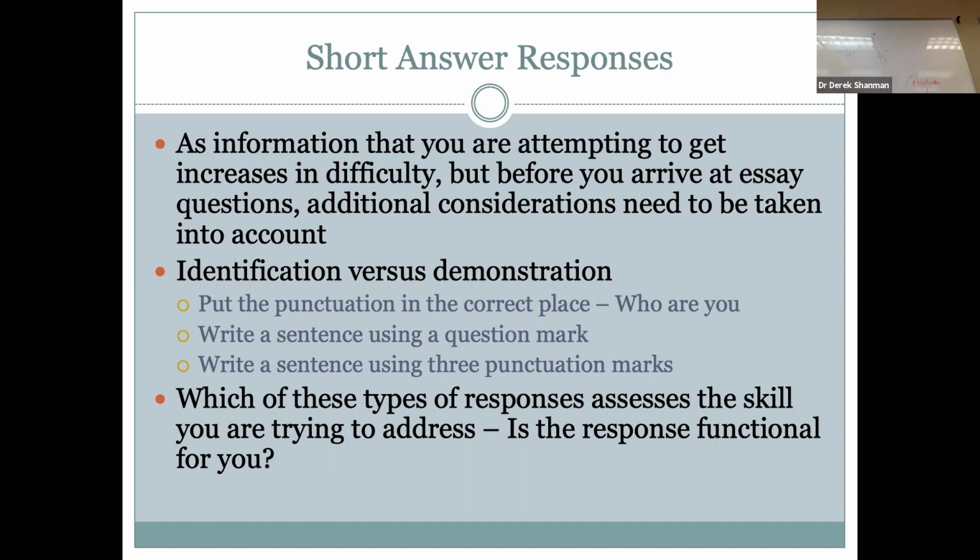What I think is important to understand is the relationship between short answer responses and selected response items in general. Essays, hopefully we see as something bigger and different. There isn't really an equivalent to an essay or a performance assessment in the selected response realm.